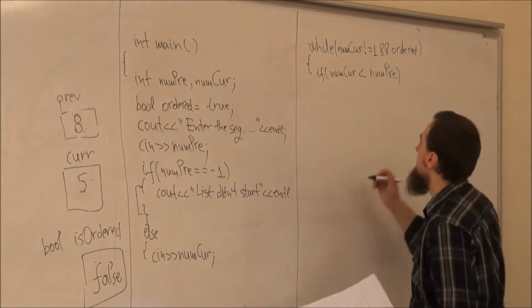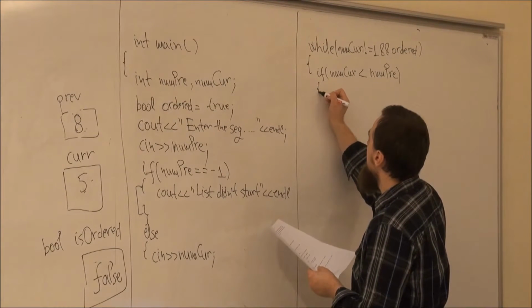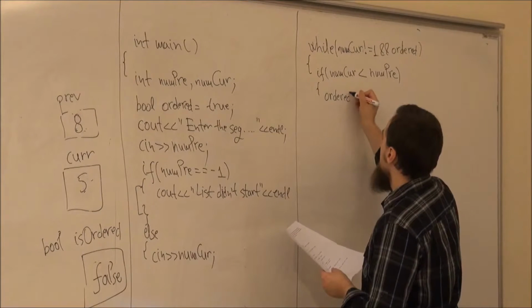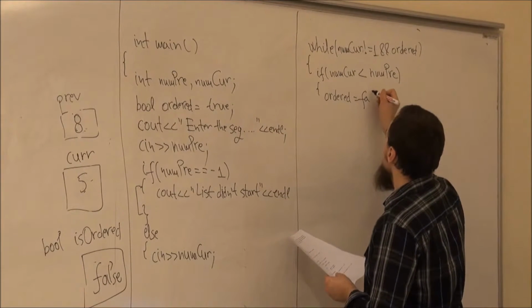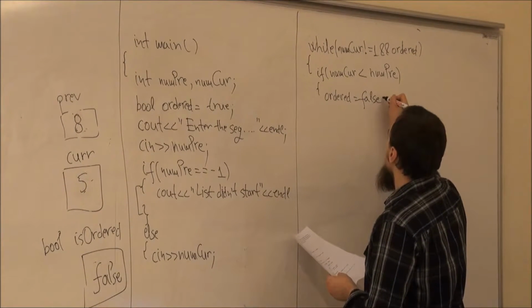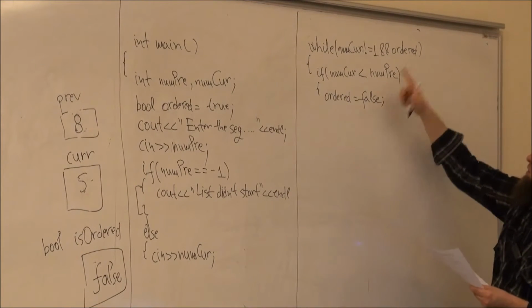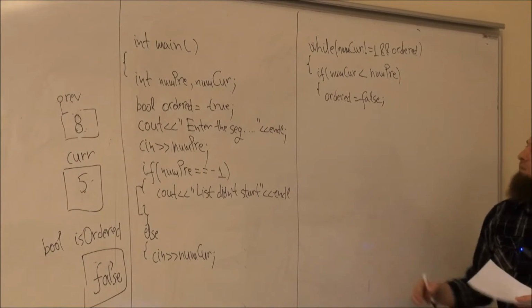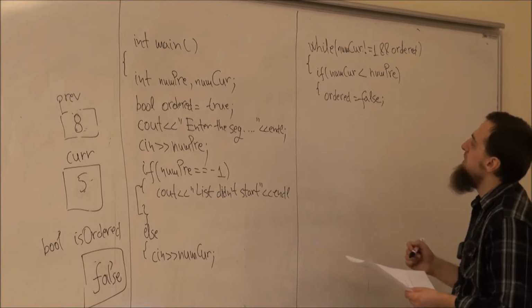The list is not ordered. That's why I'm writing it. So ordered is equal to false. And in the next iteration, ordered is going to be false, and I don't have to check the while anymore, okay? Since I found a mismatch.